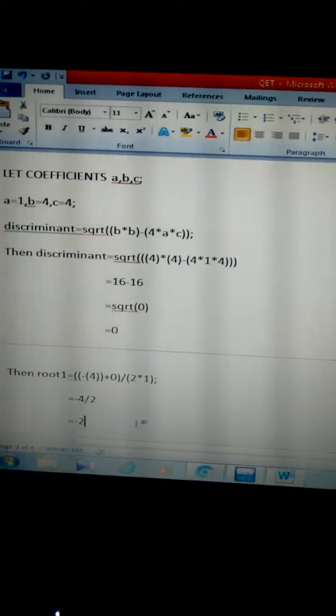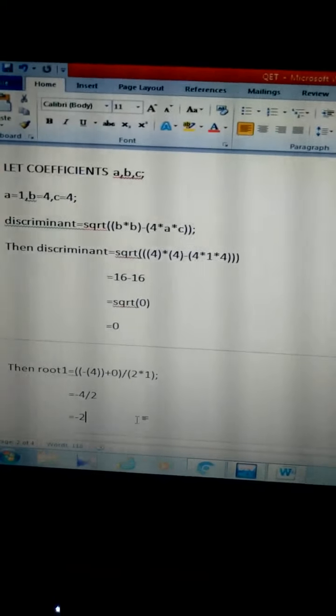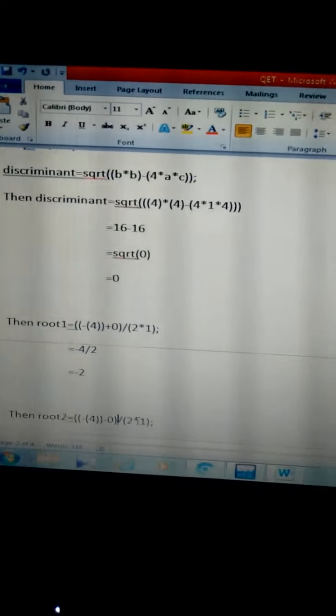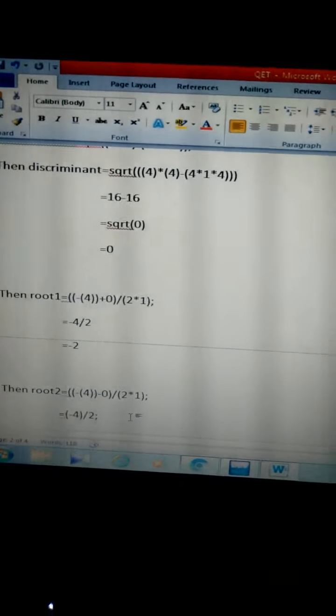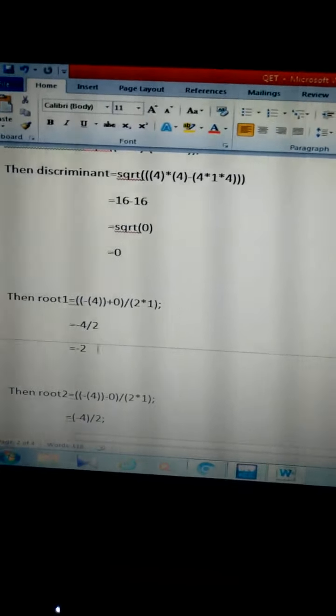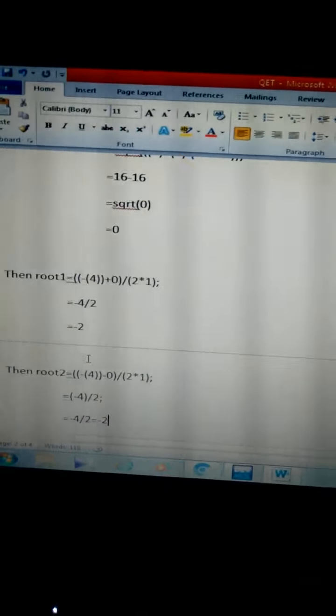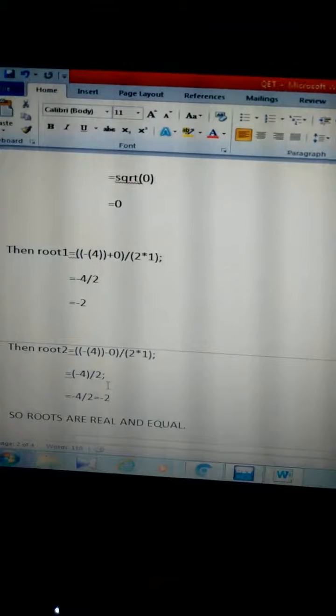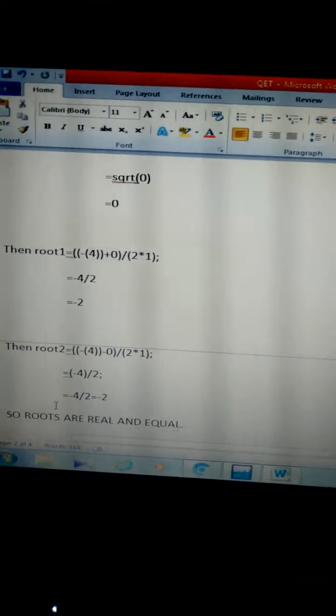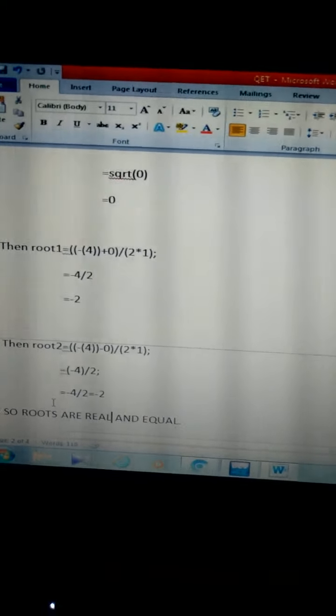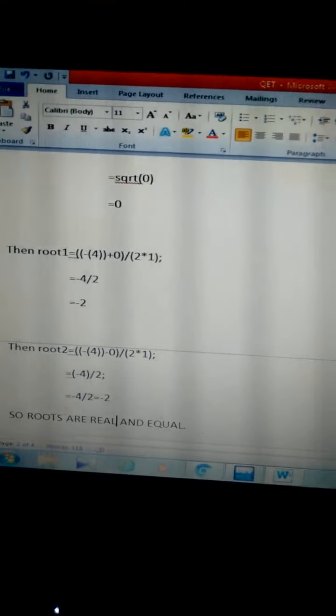Now for the above mentioned formulas for root 1 and root 2, substitute the coefficient values and discriminant value. Then root 1 becomes minus 2, root 2 becomes minus 2. So for discriminant value equal to 0, both the roots are real and equal.